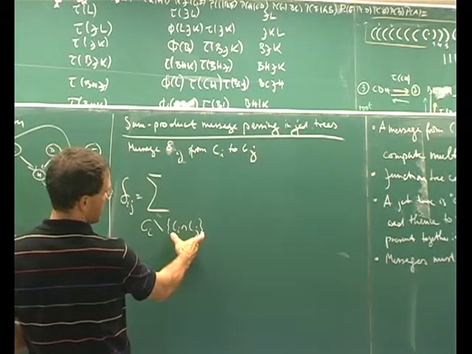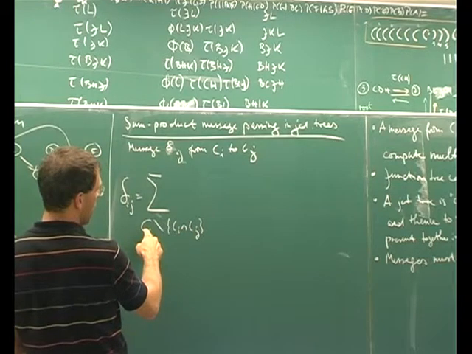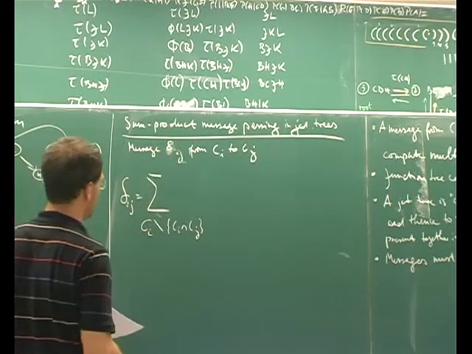So these are the variables that are common to both factors, and we sum out all variables that are not common to both factors here.